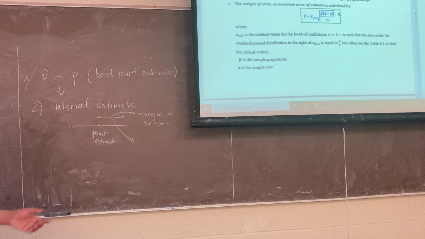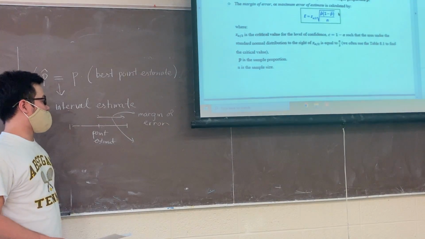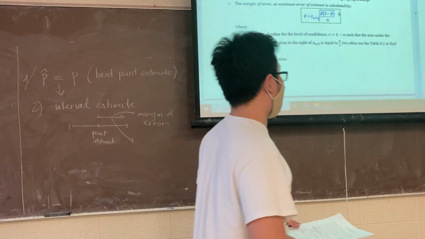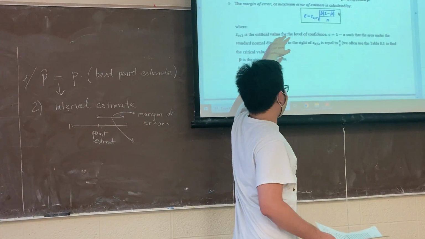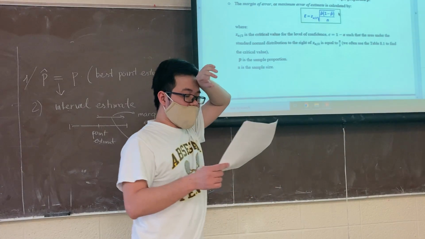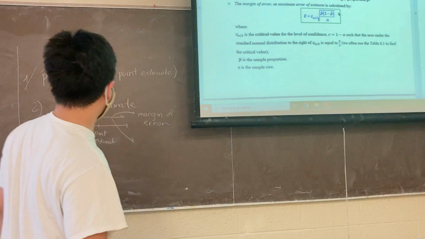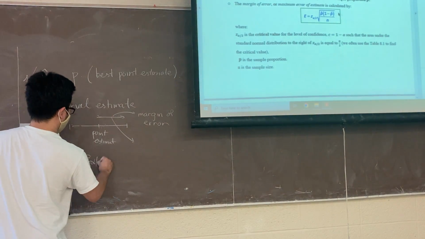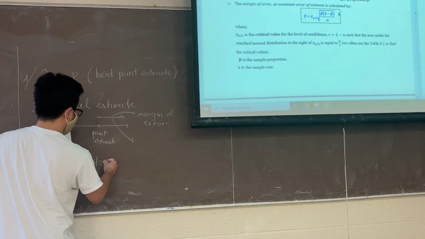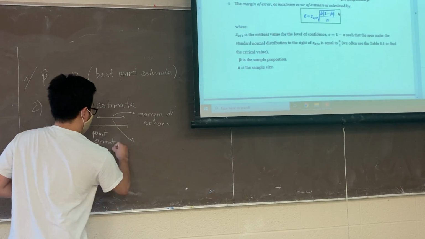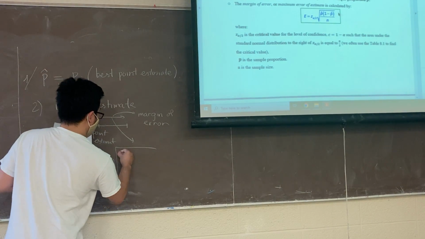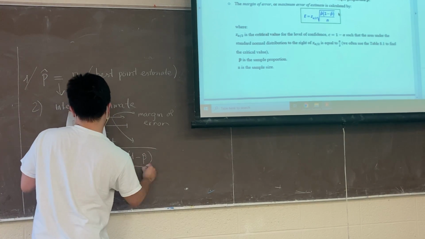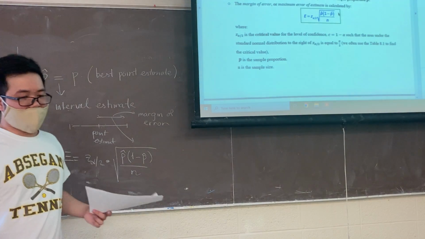How do we calculate the margin of error? Look at your handout, and you will find the formula. This is the formula for the margin of error, E. E is calculated as Z alpha over 2, the critical value, which you can find using the table, times the square root of p̂ times 1 minus p̂ over n, where p̂ is the sample proportion. You don't need to remember this formula.